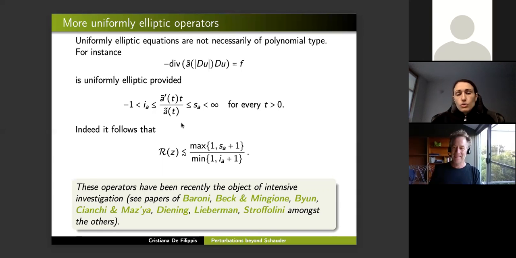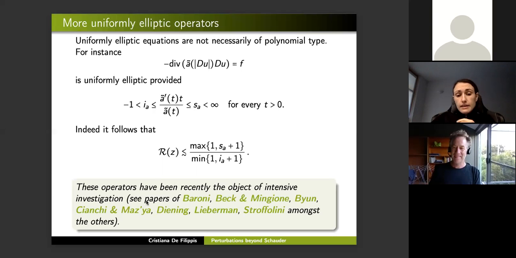For instance, you could think about sums of powers, or logarithmic perturbations of powers. What is crucial is that this relation, prescribing a sort of proportionality between a twiddle and its first derivative, modulus t, holds. This in particular implies that the ellipticity ratio is uniformly bounded.